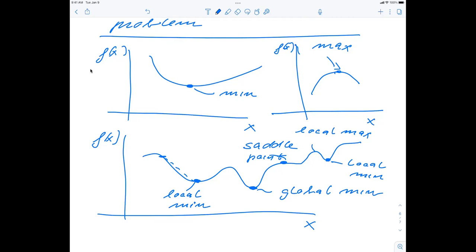The cases we have been looking at with linear regression and logistic regression, they have a second derivative which actually leads to a matrix which is semi-positive definite, which means that the eigenvalues are essentially equal to 0 or larger than 0.